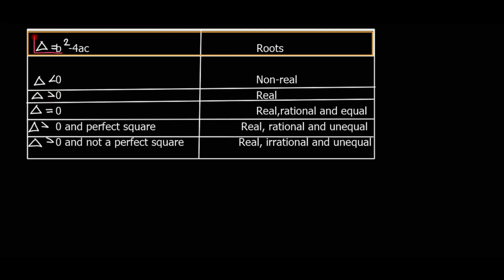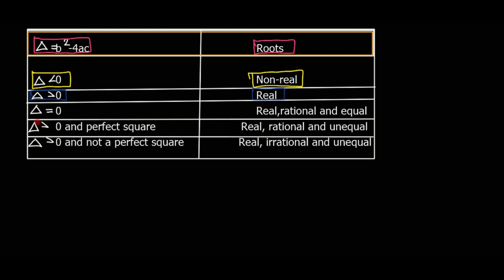This is the discriminant, and here is the type of the roots. If delta is less than 0, meaning it's negative, the roots will be non-real. And the moment the delta is positive, the roots will be real.